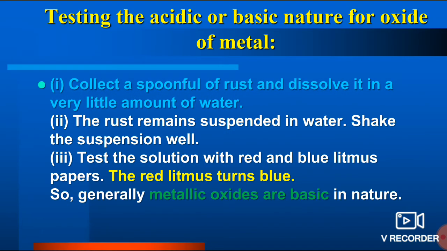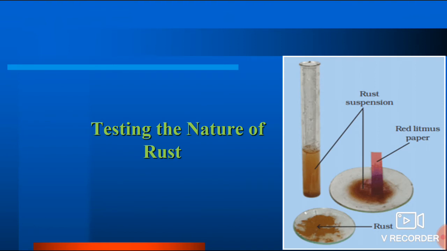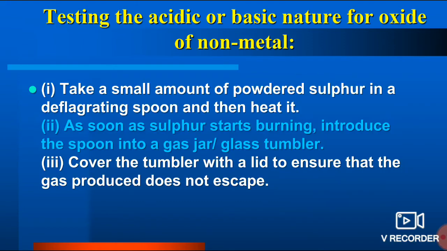When we test with red litmus paper, this shows that metallic oxides are basic in nature. Here you can see the rust, and we are mixing it into water, and after taking it into a watch glass we use red litmus paper, and it turns blue. The blue is not clearly visible because of the color, but blue is there. So if it turns blue, then it is basic in nature.